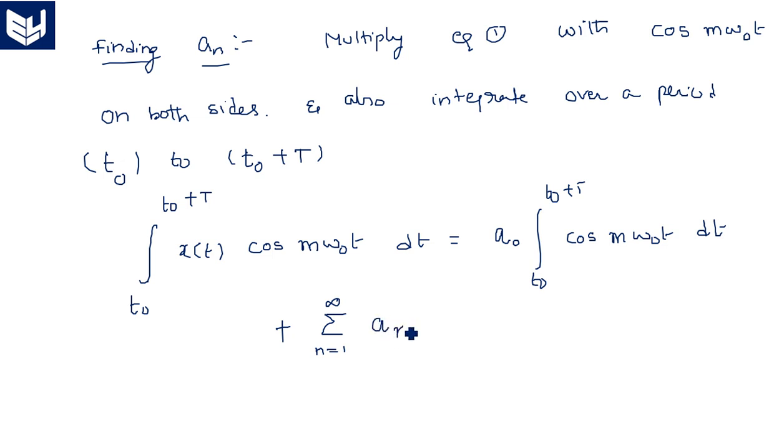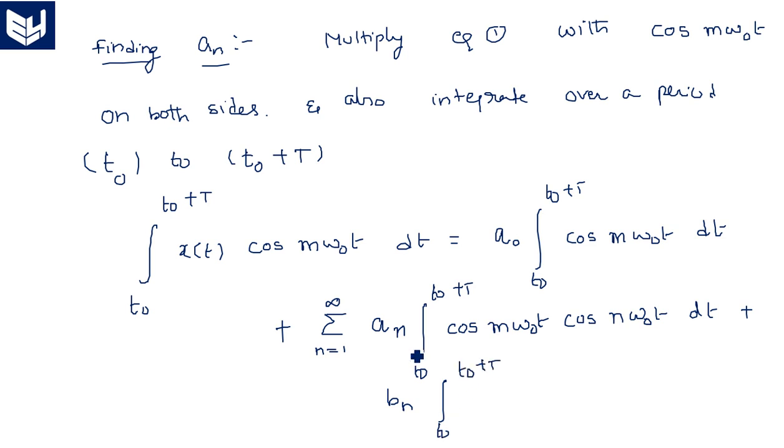a n integral t naught to t naught plus capital T cos m omega naught t cos n omega naught t dt, plus b n integral t naught to t naught plus capital T cos m omega naught t, which we are multiplying with sin n omega naught t dt.